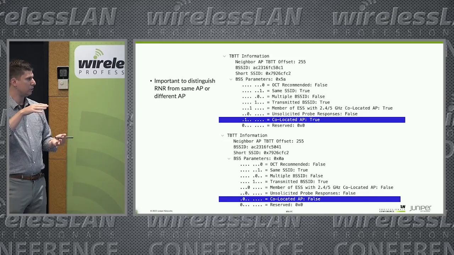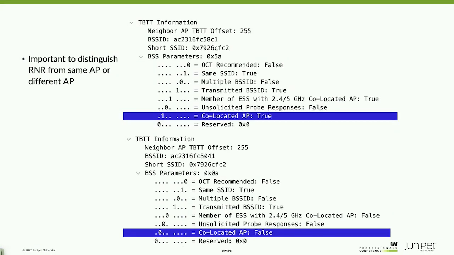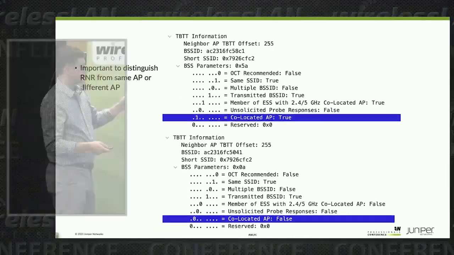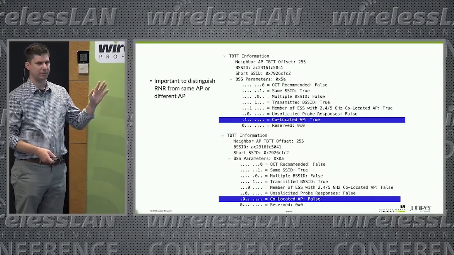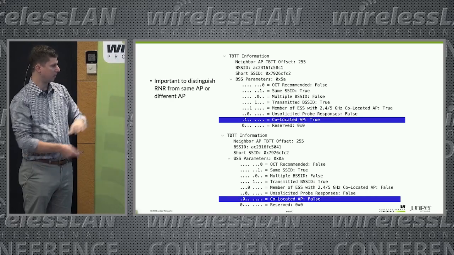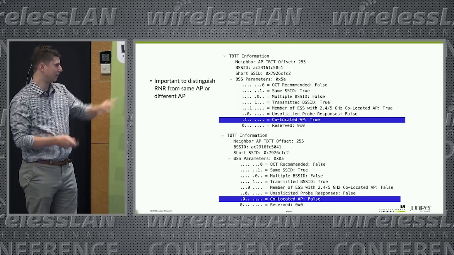I want to know which is the one that I'm hearing right now, right? Because I can make different decisions if it's not a co-located AP, that it's probably a little bit further away. I may check that one second or third, versus I'll check the one that's co-located first and see if that's actually the best candidate for me. And there's a couple other fields in here, like same SSID, but there's actually a decent amount of information that clients can use to make decisions. Now, if they do, I don't know, but co-located for sure is an important one.